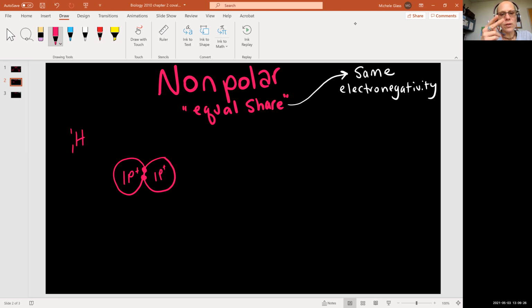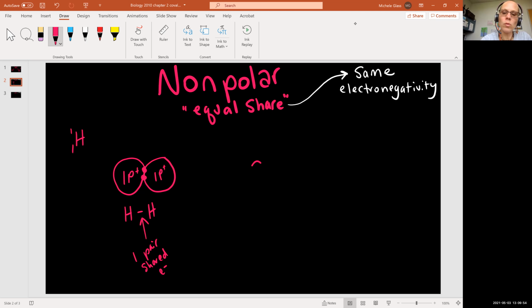And so the idea here is that those electrons are equally orbiting both of those nuclei. The nuclei are the same. The attraction of those electrons for that nuclei would be the same. And so another way of showing this is to do a dashed line. So this represents one pair of shared electrons. And so that's another way that we can write covalent bonds.